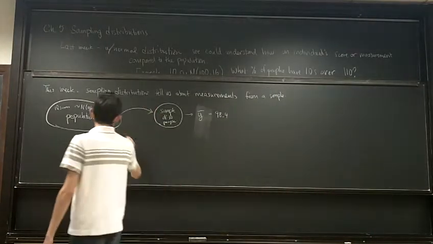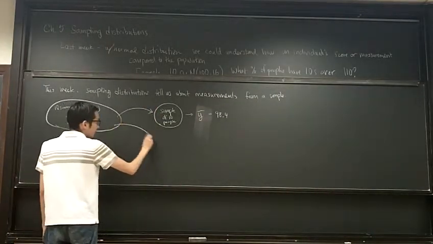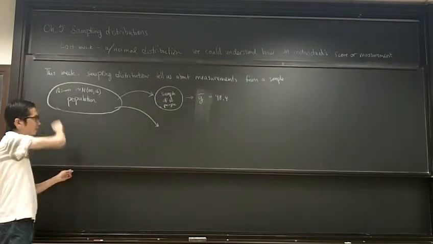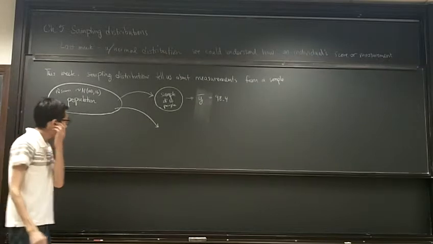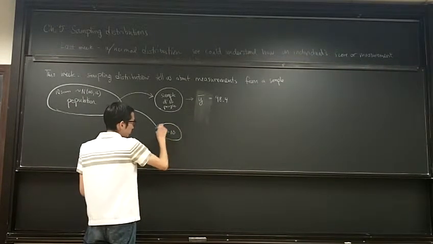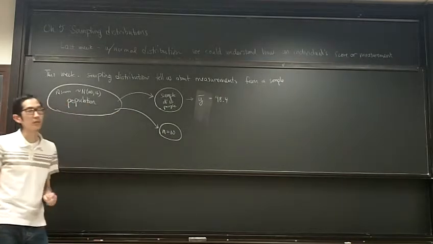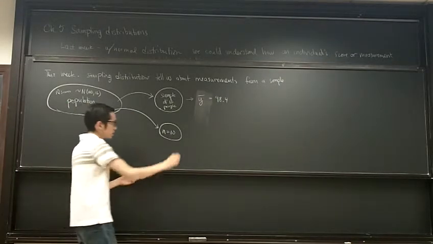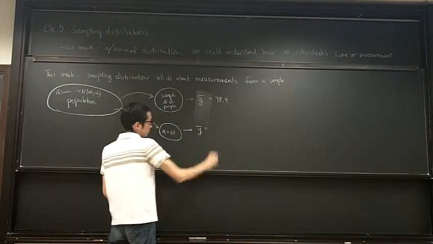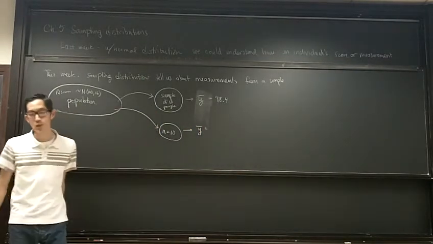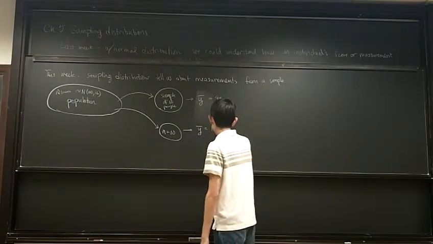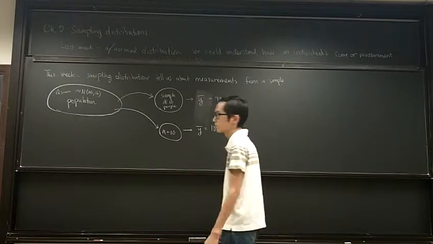All right. Let's take another sample. So we throw these people back. It doesn't really matter, this population is really big. And I take another sample of n equals 10 people. So this is another sample, and from the sample, I also calculate another y bar. What could we get this time? Maybe the average is 102.5.